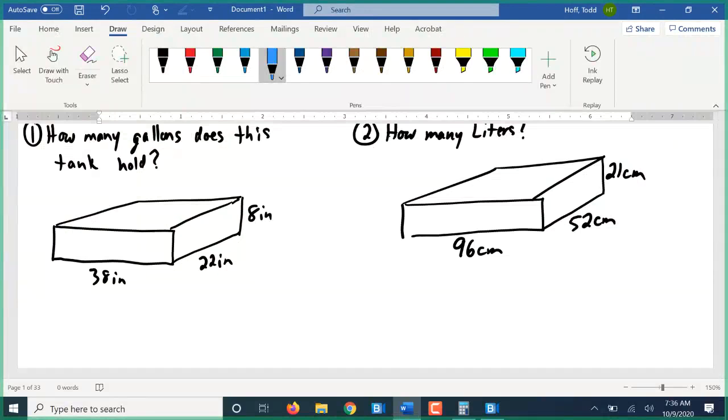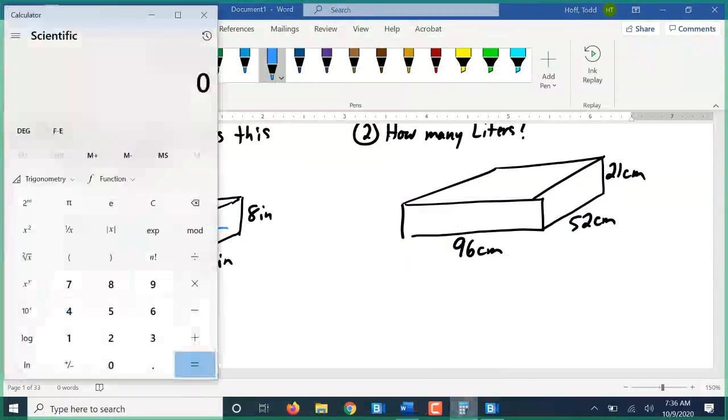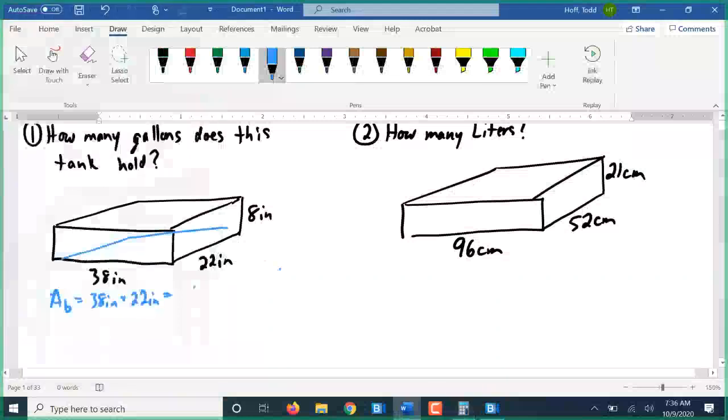So our first one here is a standard measurement in inches. I'm going to do the area of the base first, which is just that bottom piece, 38 inches by 22 inches, which is 836 inches squared.